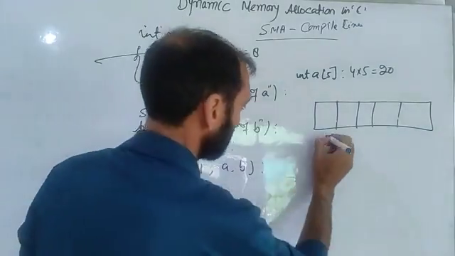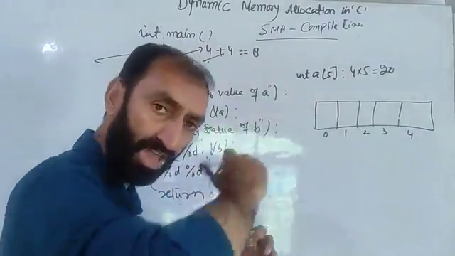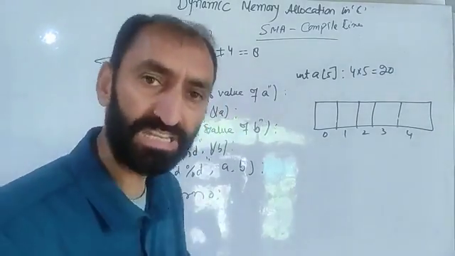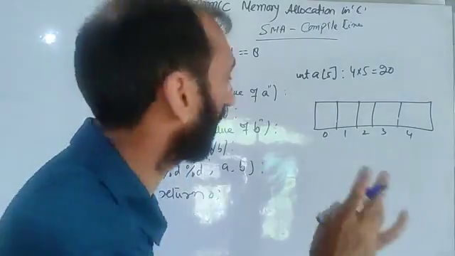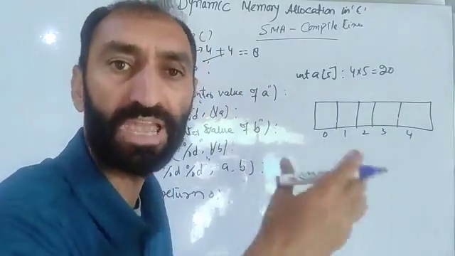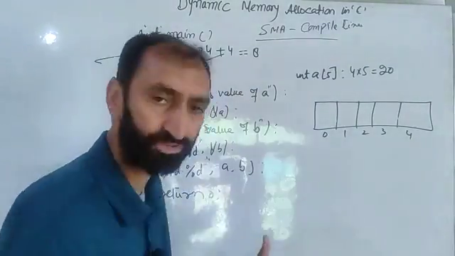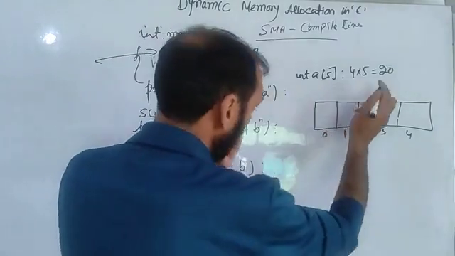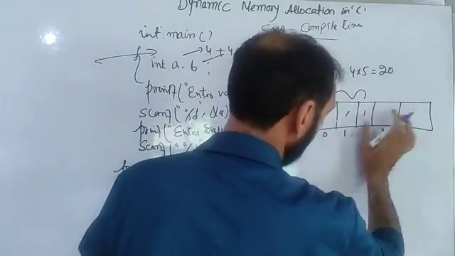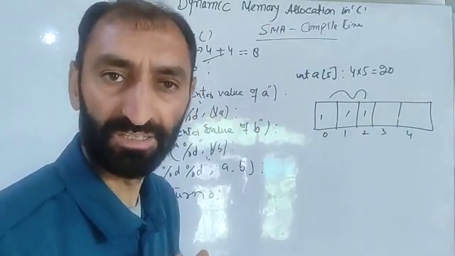That means this is 0, 1, 2, 3 and 4. I can enter only 5 values at a time, not more than 5. If I need more than 5 values, I cannot store those values at runtime. Similarly, if for some reason I want to enter only 3 values, here, here and here, the rest of the 2 values, that means 8 bytes of memory, will remain free.